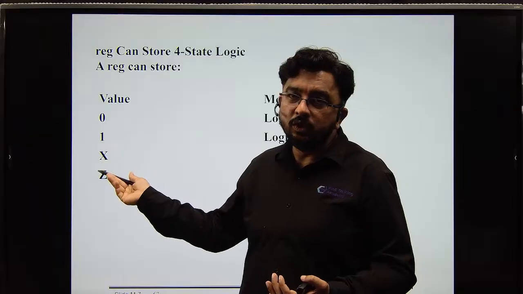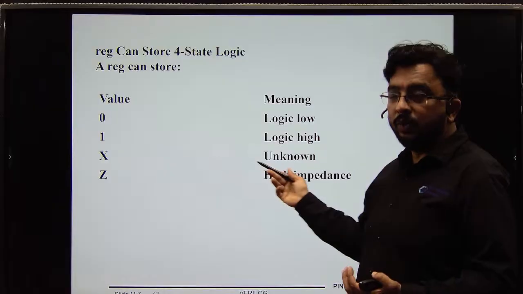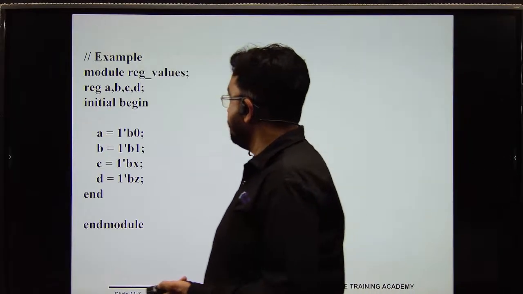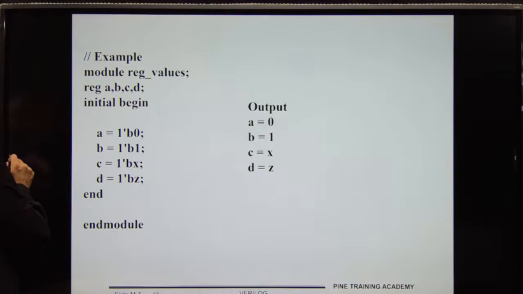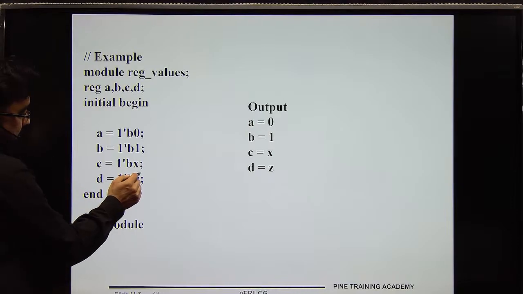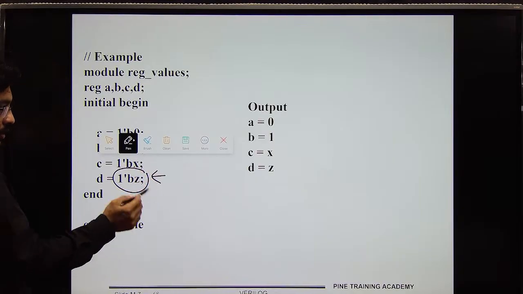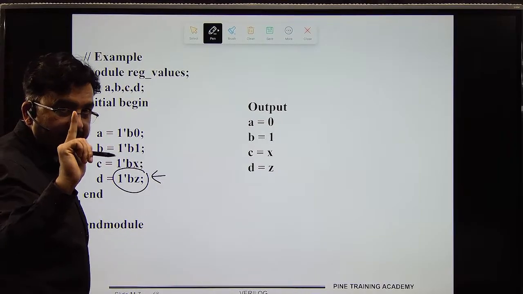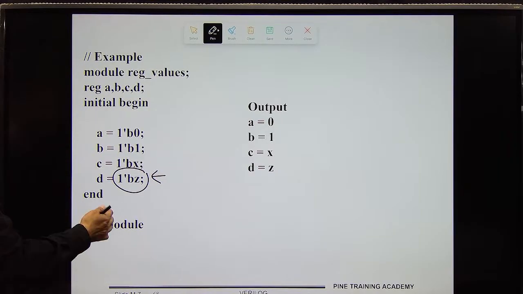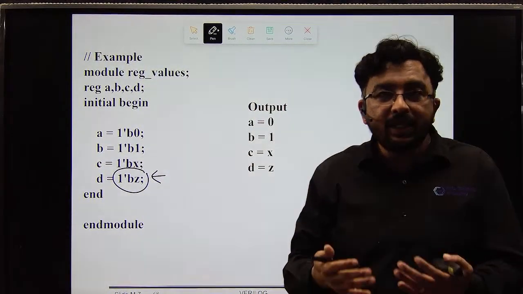So there are four: 0, 1, x, z. That is logic low, logic high, unknown, and high impedance. This is one simple example. Don't get confused about why I'm using z here. Here I'm assigning the value, but the default value of reg is always x. Please remember this.